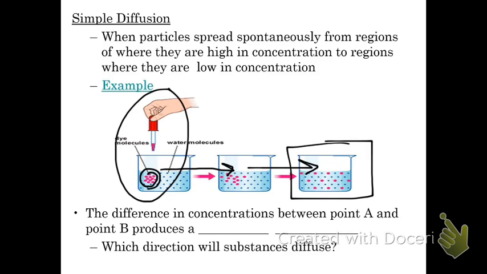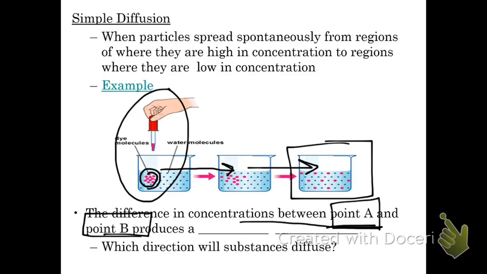Now, the difference between the concentrations at point A, if you're talking about the perfume, where you opened up that bottle, the concentration of that odor molecule in the air from where you opened it to maybe the back corner of the room, point B, the difference in those concentrations from point A to point B is referred to as the concentration gradient.